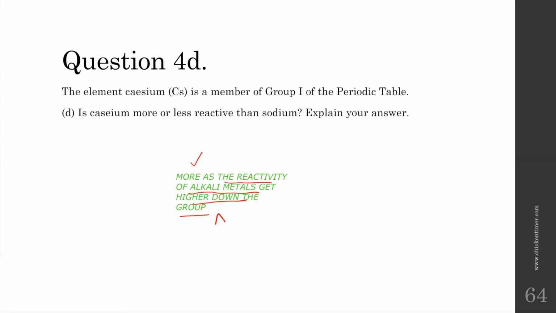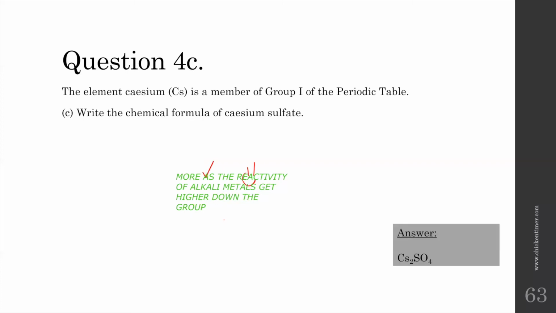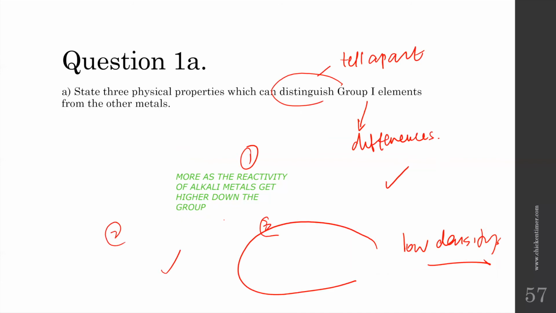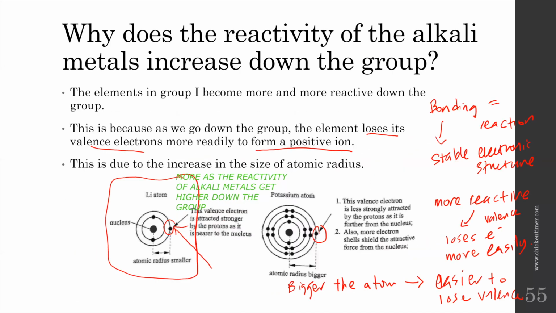Need help? Okay. So let's go back to this. Why does the reactivity of alkali metals increase down the group?